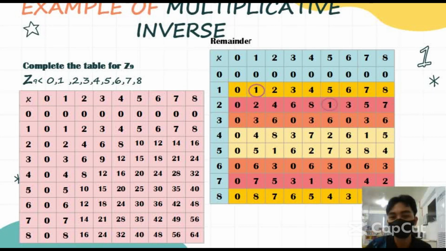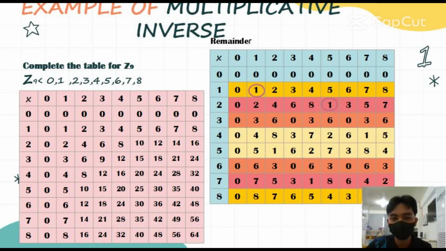So the same process lang gihapon siya diri and diri na 0 gihapon siya. It's because 3 times 6 is 18 and we know that 18 mod 9, or 18 divide 9, is equal to 2 and we get the remainder 0. So the same process lang gihapon siya diri sa 4.